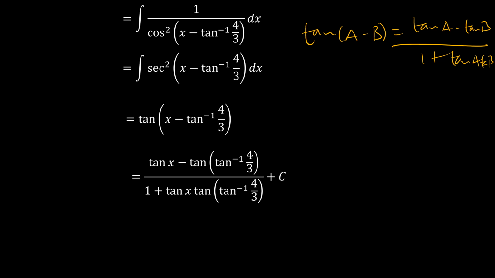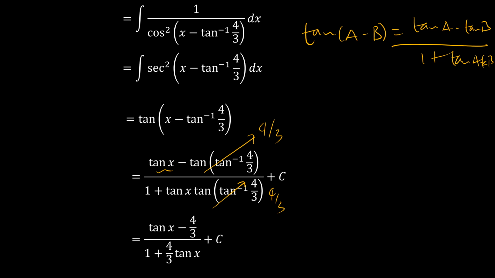So we have tangent of x minus tangent of arctangent of 4 over 3, over 1 plus tangent of x times tangent of the arctangent of 4 over 3. So this becomes 4 over 3. This also becomes 4 over 3.